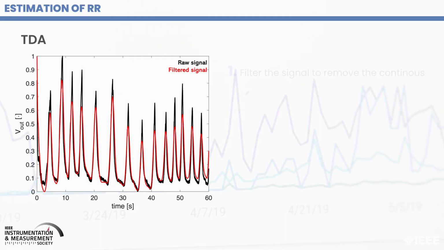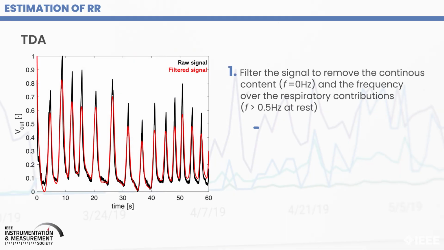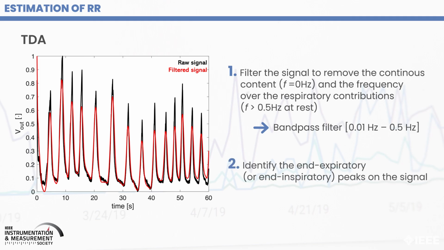As regards the time domain analysis, basically again we have to filter our signal to remove all the contribution not related to breathing, and then we should identify peaks on the filtered signal. In case of the estimation of respiratory rate, we can identify end inspiratory peaks or end expiratory peaks.